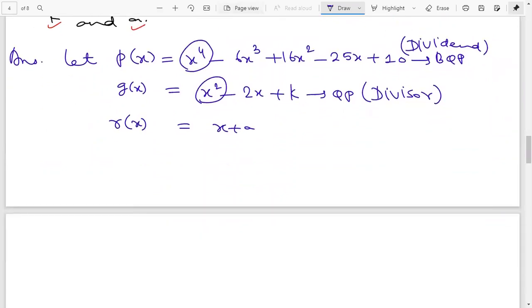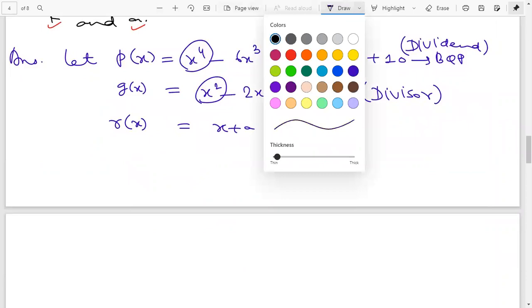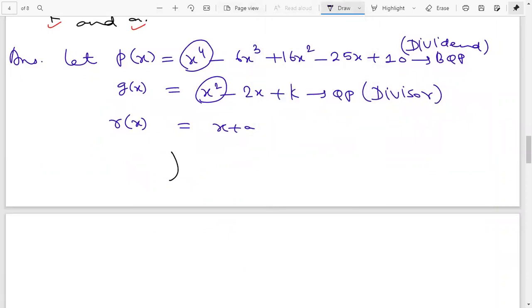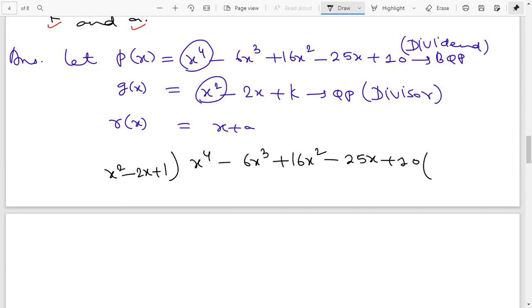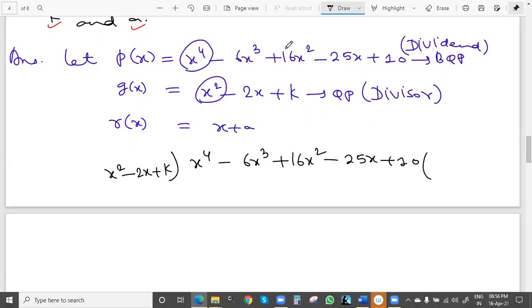See, P(x) in the dividend will be x to the power 4 minus 6x cube plus 16x square minus 25x plus 10, and now we'll write here the G(x) value, that is x square minus 2x plus k. k is basically a constant value, and this is what we have to find.